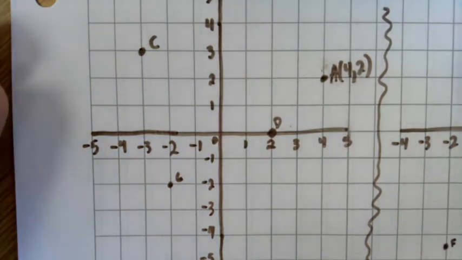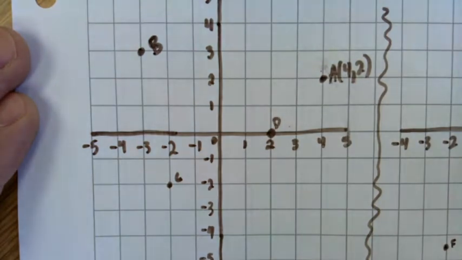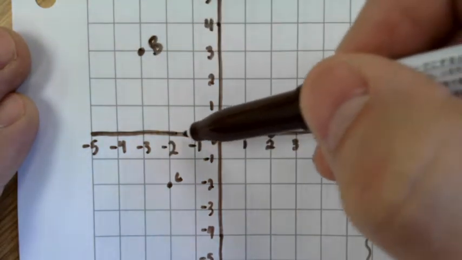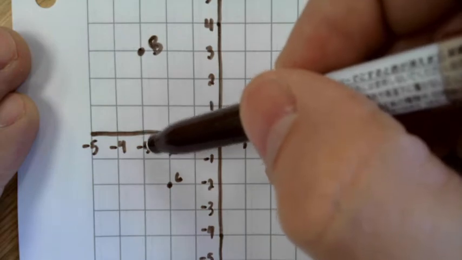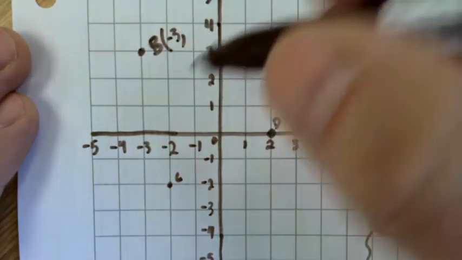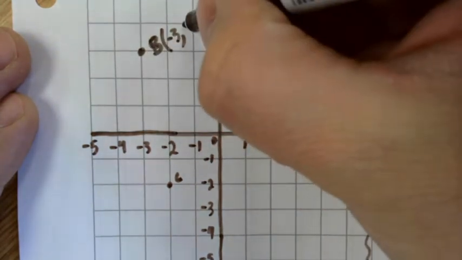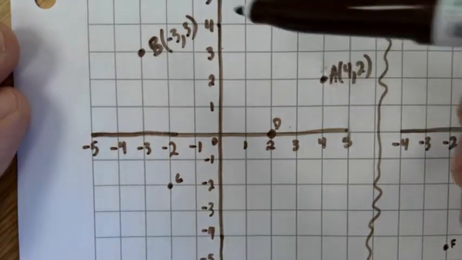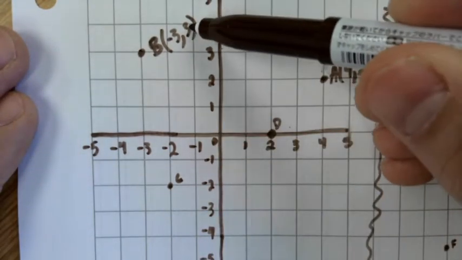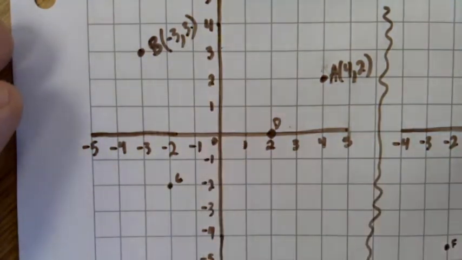What about this dot over here? This is point B. Moving left and right, we move left 3, which is -3, so our first coordinate is -3, and then we move up 3, which is +3. Remember, the vertical numbers are measurements of the second coordinate, and the horizontal ones are measurements of the first.